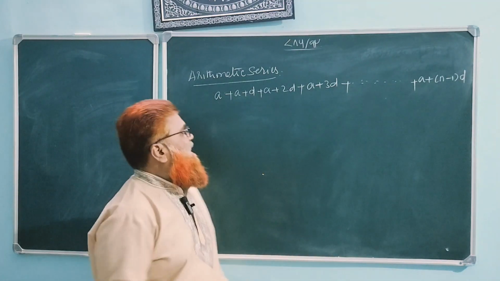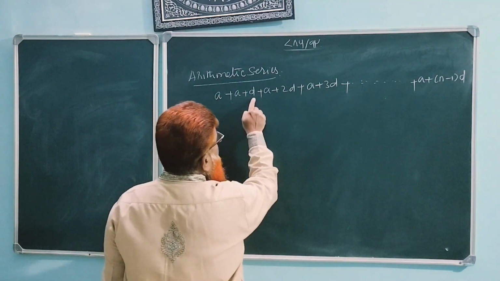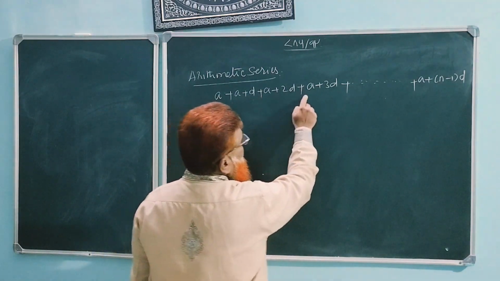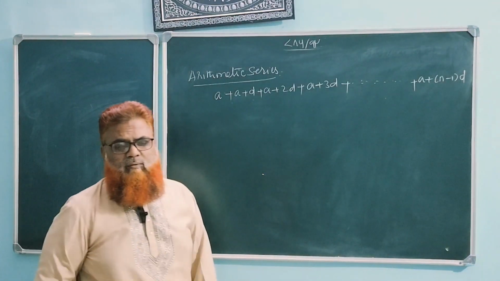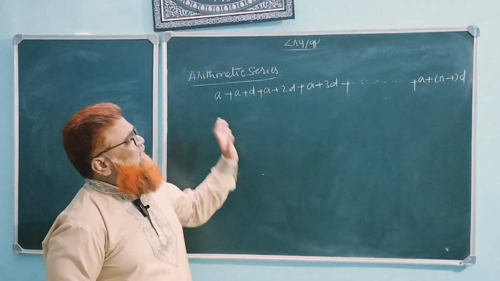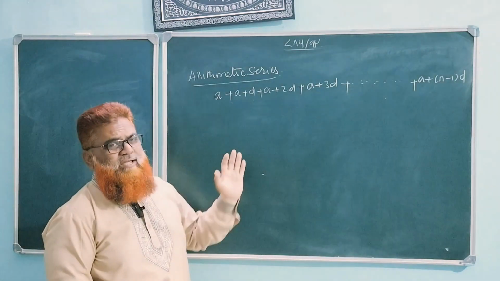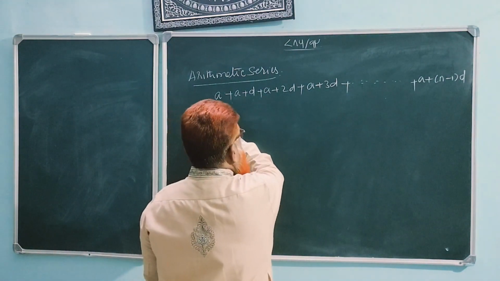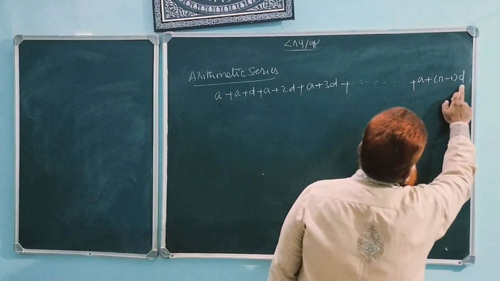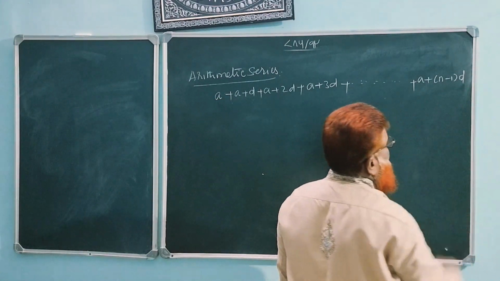Now we have to find this sum. What I do is make a reversible process here. The a is the first term and a plus (n minus 1) into d is the last term.